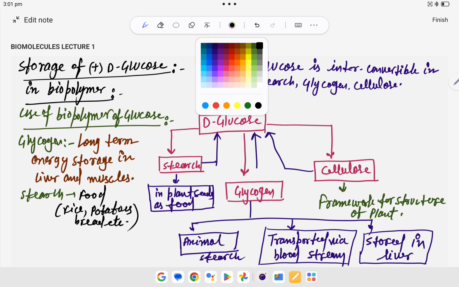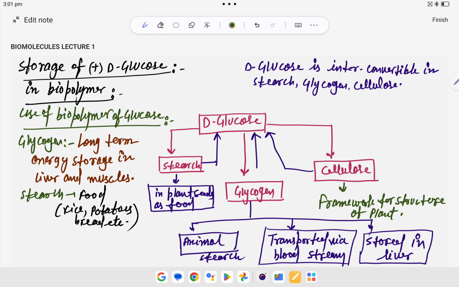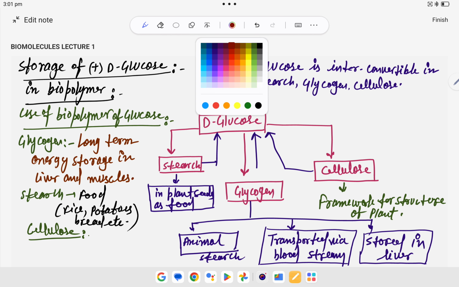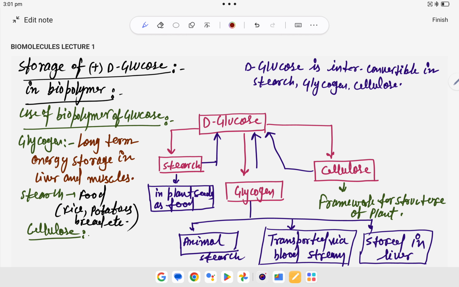Then cellulose. If we are talking about the use of cellulose, it is used for making paper, money also, notes are also made from this.